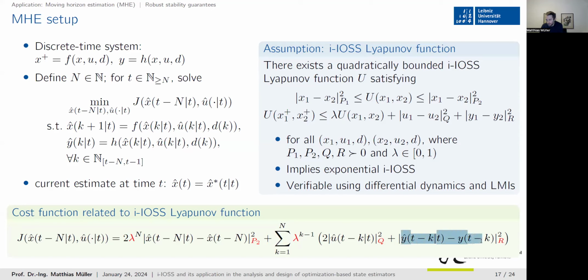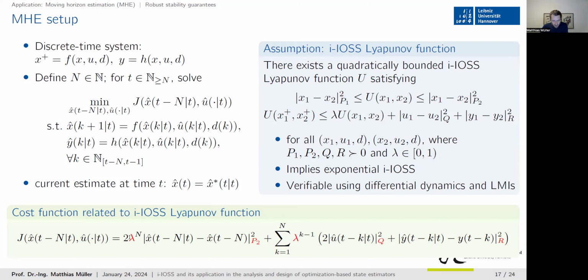The second term here is just a fitting error, penalizing the difference between my estimated output y hat and the real measured system output y. And this term here penalizes the estimated noise. So that's the standard trade-off of how much I believe my model and how much I believe my measurements. It's a standard least squares type objective that has been used for many years in moving horizon estimation, now just in a discounted version. So I discount previous noise and output fitting errors that are further in the past.